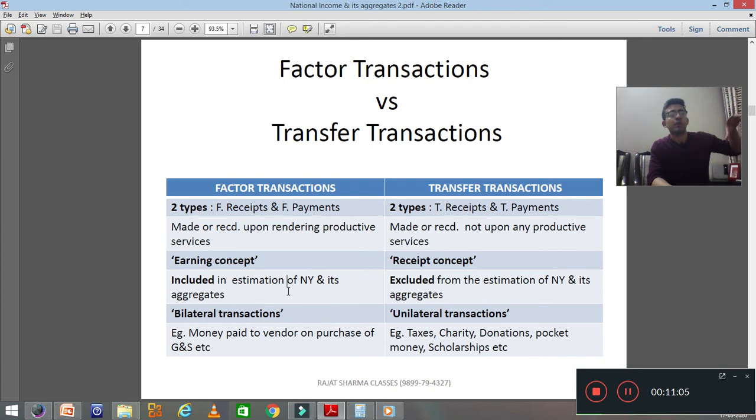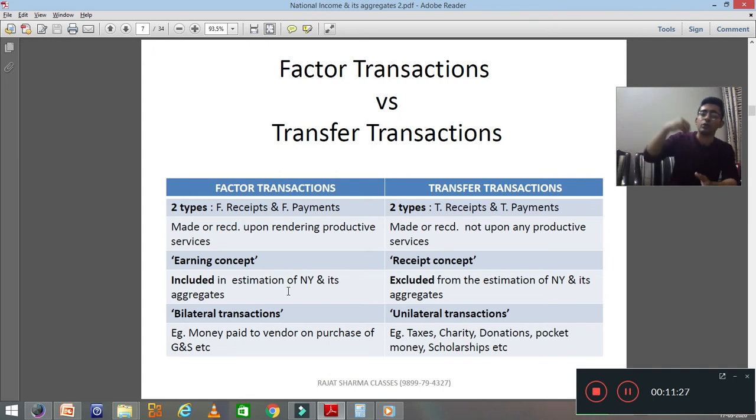Whereas if I'm receiving money as pocket money from the parents, or I'm giving money to the poor as a charity or donation, or we are paying taxes to the government, these are one-sided unilateral transactions, nothing in return. These are all transfer transactions.